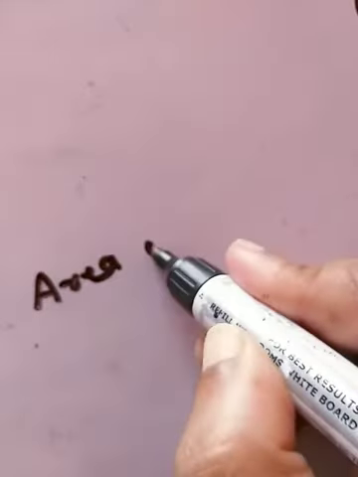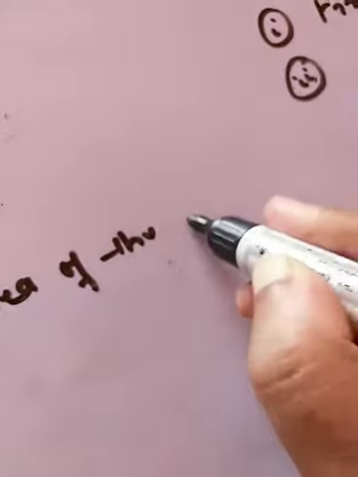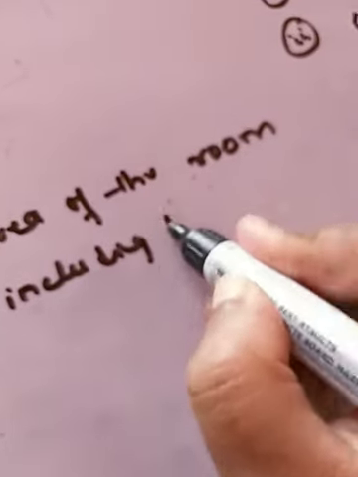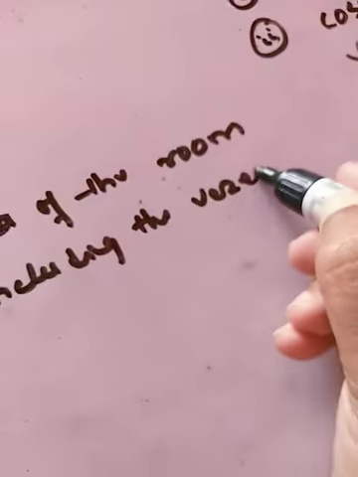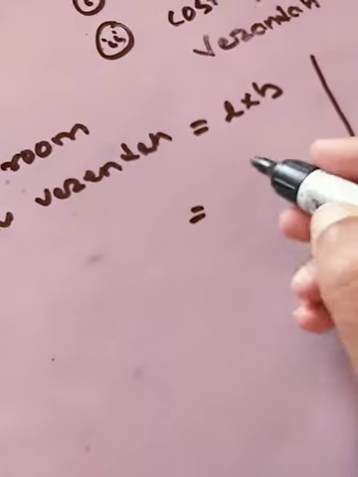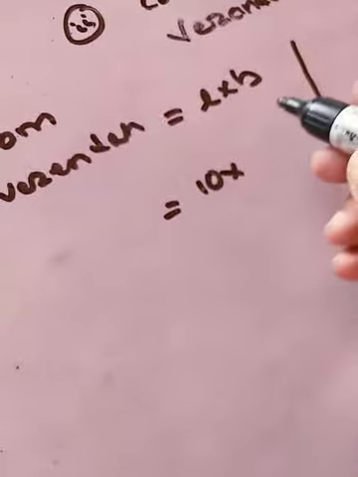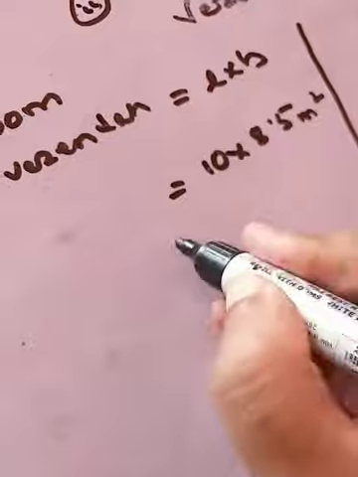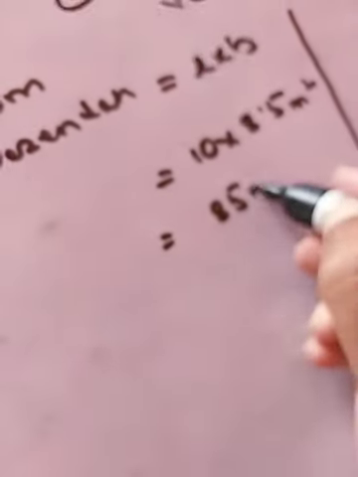Now we'll get the area of the room including veranda. That is again length into breadth. What is the new length? 10. And what is the breadth? 8.5 meter. Now if you multiply it, you will get 85 meters square.